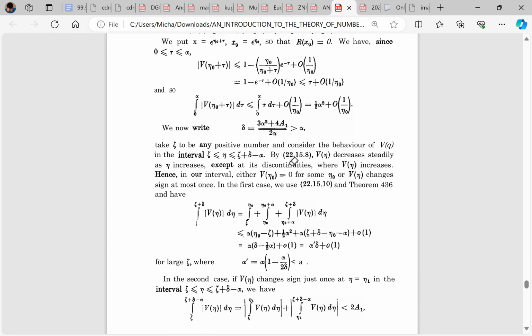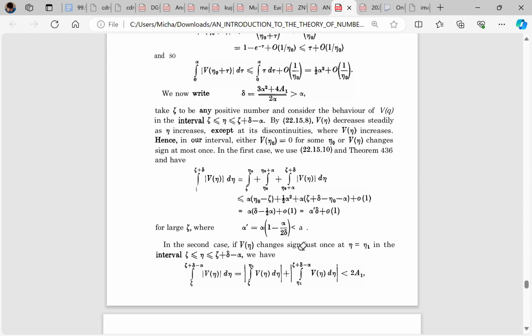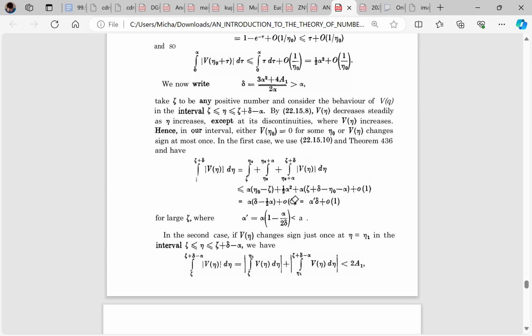But big O of eta naught inverse is also little o. It's dominated by little o of 1. So you can just include it in the little o of 1 term, and then alpha times, yeah, so the length of this integral is eta naught minus zeta.